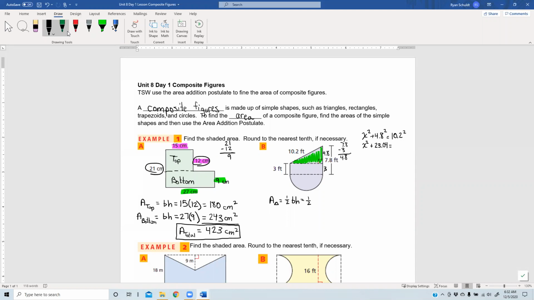And 10.2 squared is 104.04. Move the 23.04 over, and we'll get that x squared equals 81. Square root it to get rid of the square, and we get x equals 9. Hey, it played nice. So this is going to be a 9 right here.